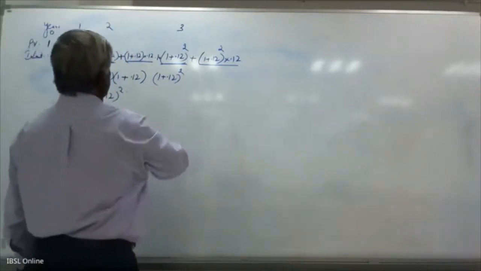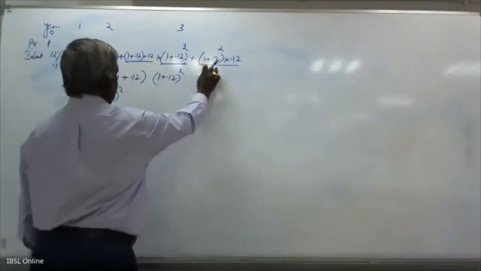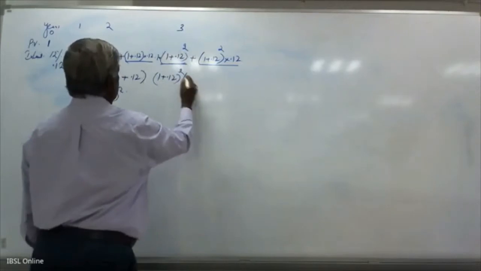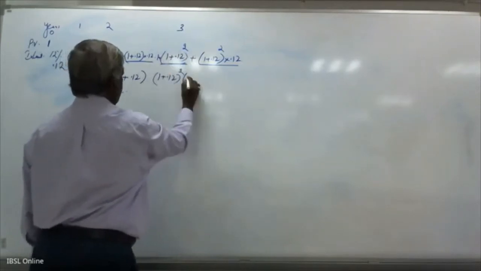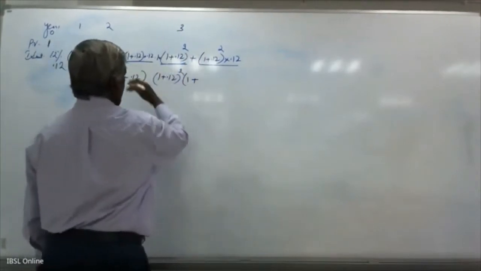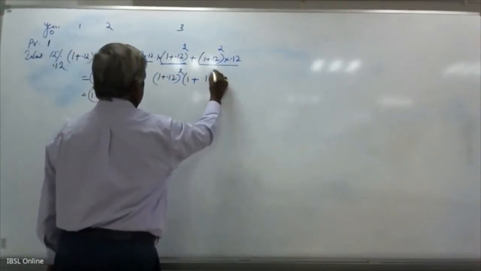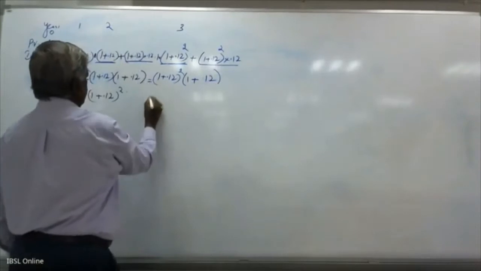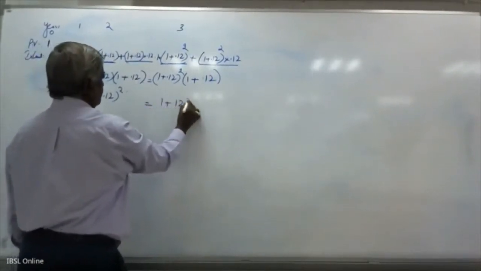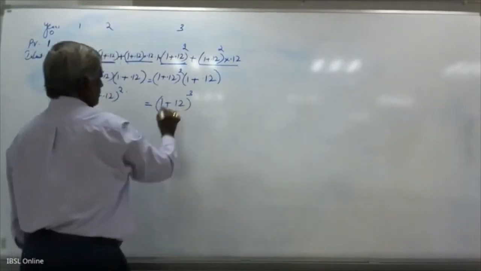Into this 1 will remain, plus 0.12. So this is equal to 1 plus 0.12 to the power 3.